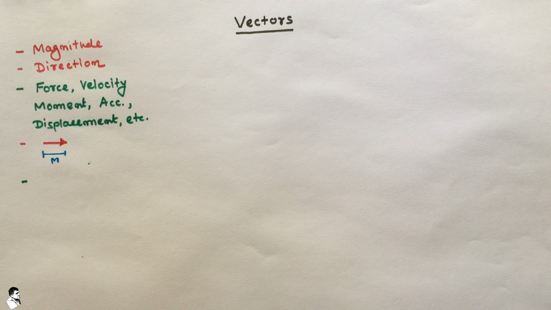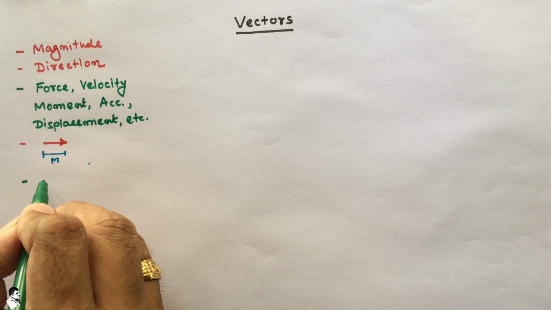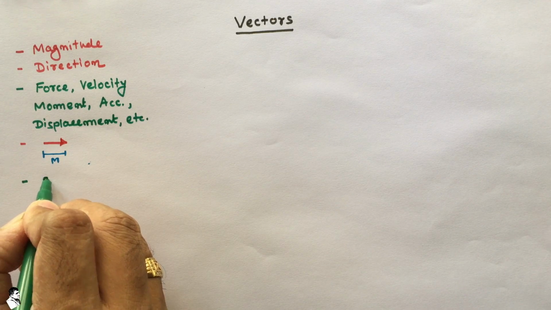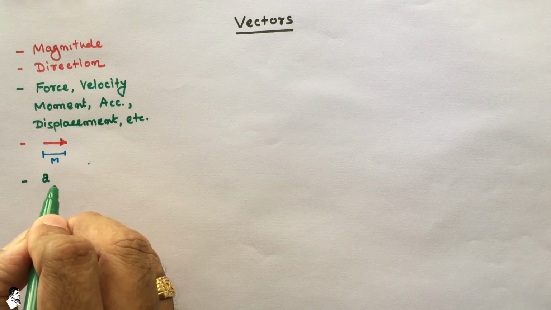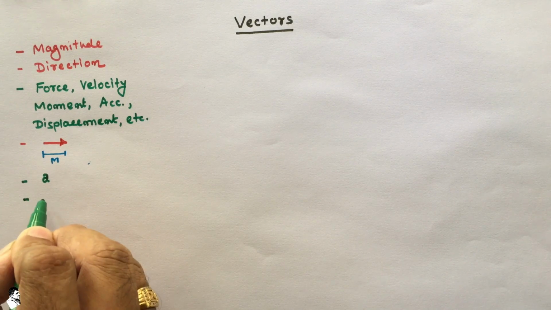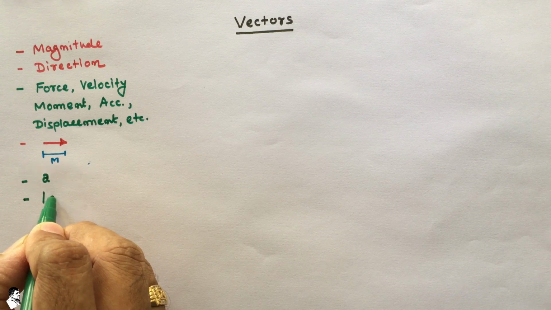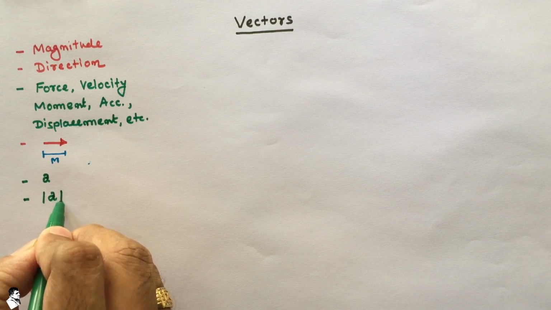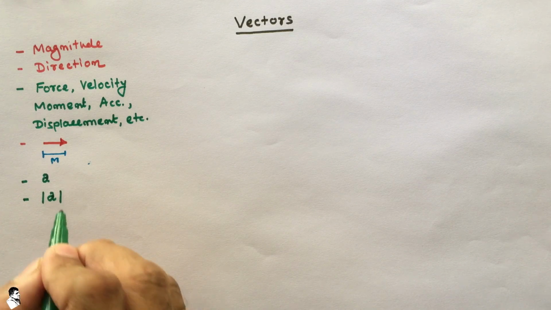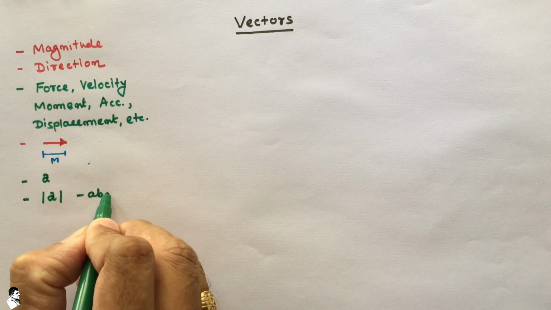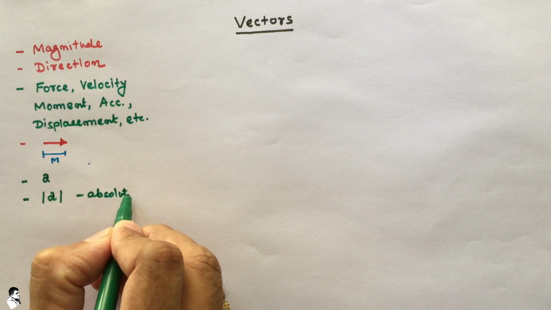Generally they are symbolized with a bold small alphabet character, and it is used as a symbol with a bar over A when it is with absolute magnitude.